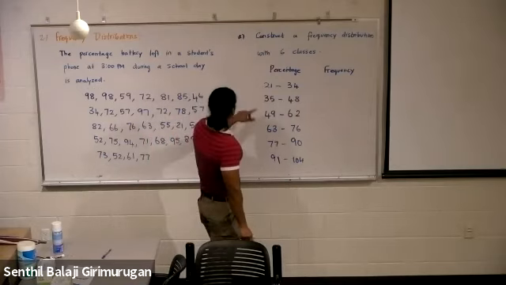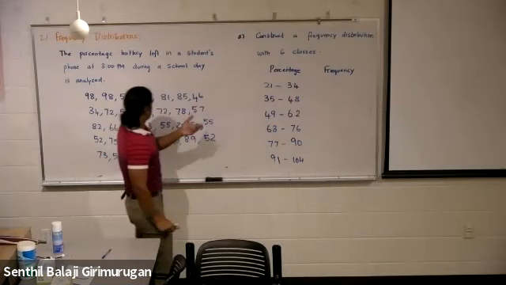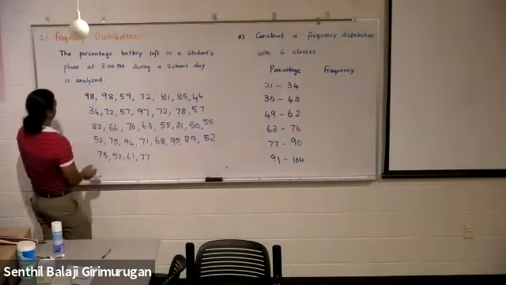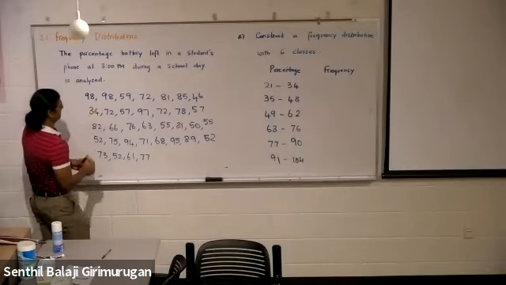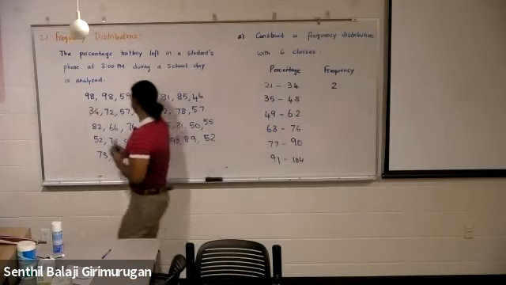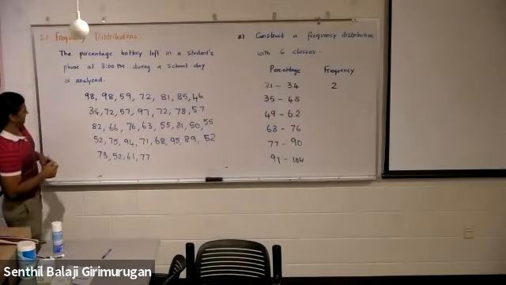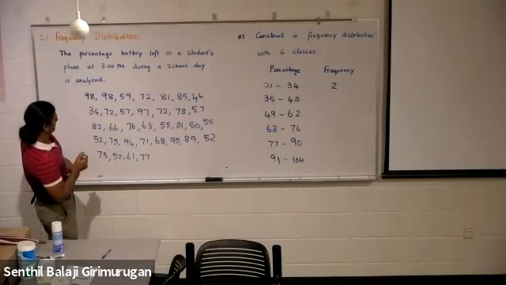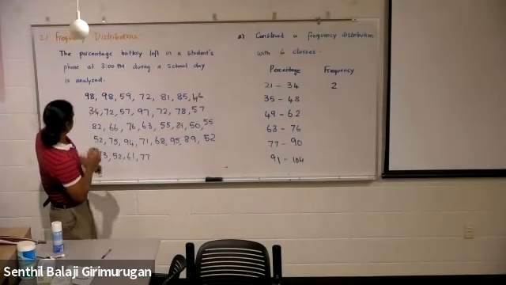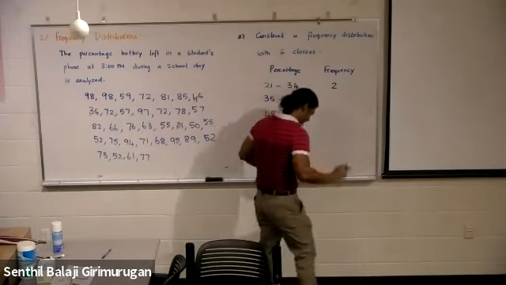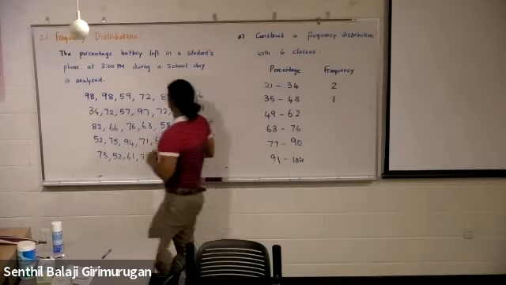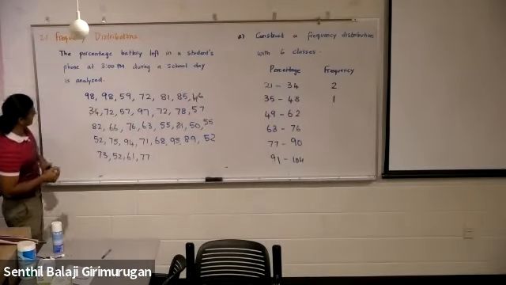Now, between 21 and 34, how many do we have? So 1, 2, just 2. 35 and 48, 1. That's it. 49 and 62.